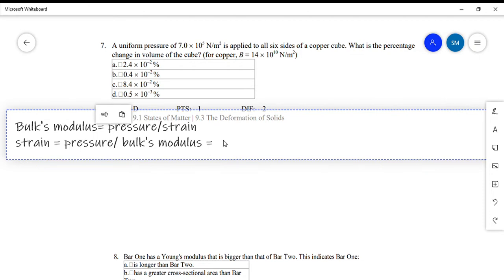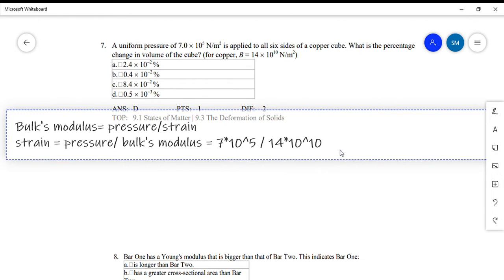The pressure he gave is a very simple question. He gave us the pressure, 7 times 10 power 5, over bulk modulus, which is 14 times 10 power 10.